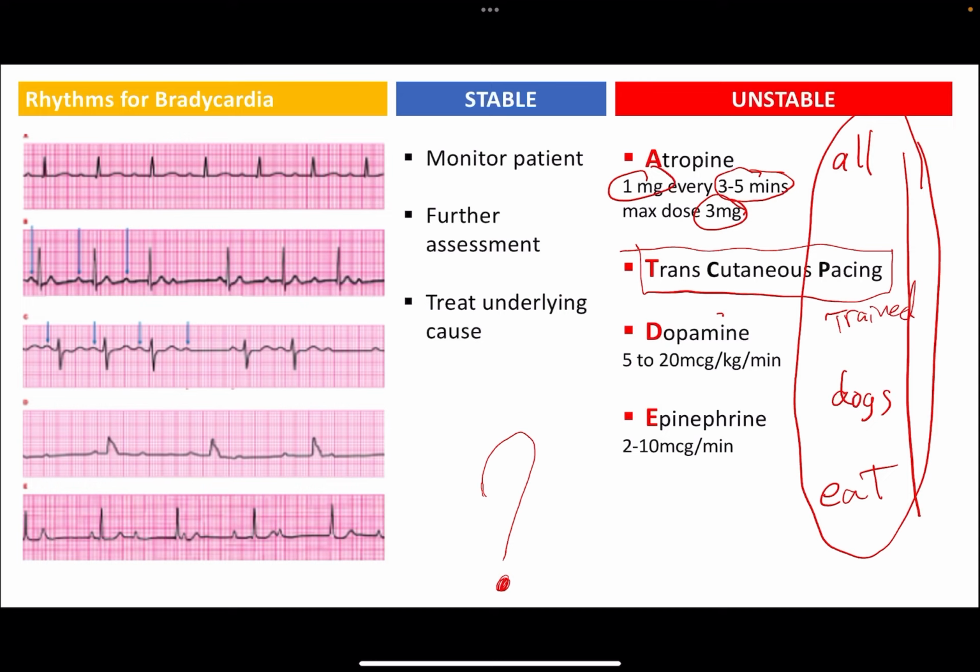Our guideline for the blood pressure to be considered hemodynamically stable is at least 90 millimeters of mercury systolic. If the systolic BP is 90 and above, then that's fine.